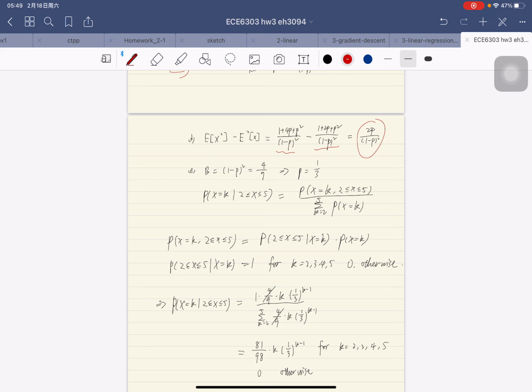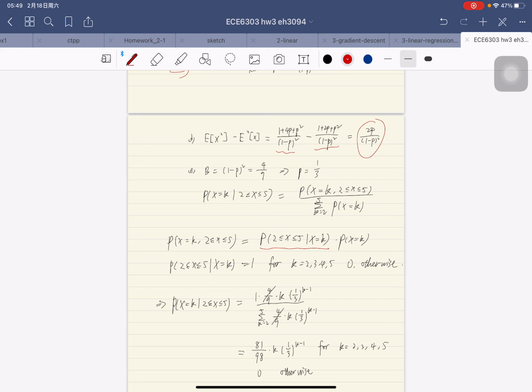So first is the upper one. We can change it into another conditional probability multiplied by the marginal probability.